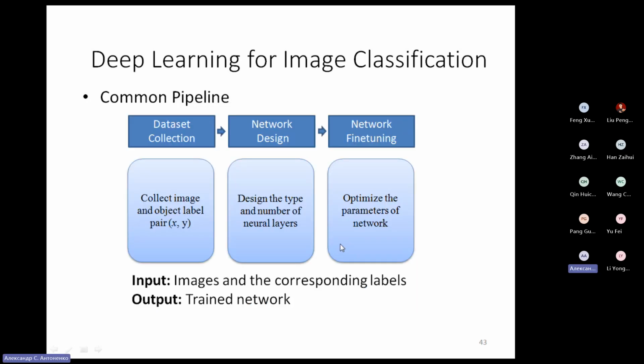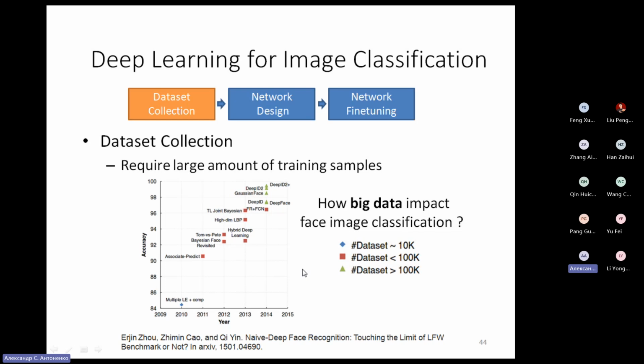What is the pipeline? First, data set collection, then network design, and then network fine tuning. For data set collection, we need a large amount of training samples, really large. You can see accuracy, for example in face recognition, where we use different data sets and different systems.